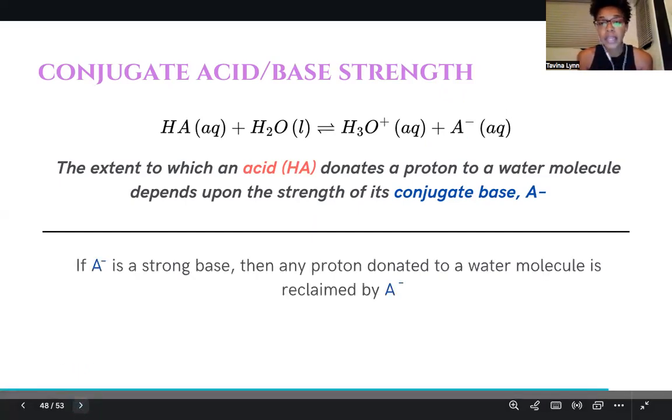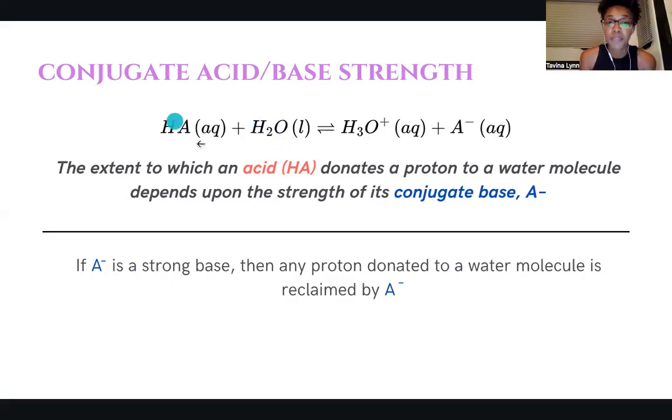So looking at this example here, where we're looking at the conjugate base to determine the strength of the acid. Let's say that the conjugate base is a strong base. What that means is any proton that's donated to water from this weak acid, essentially that interaction won't be strong enough, and instead that proton will be reclaimed by the conjugate base.